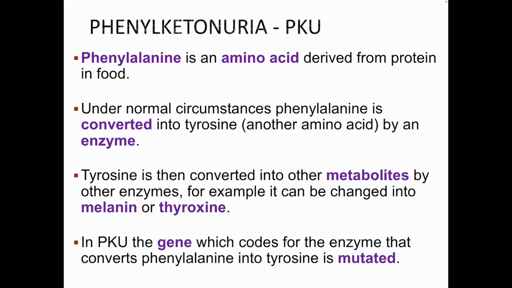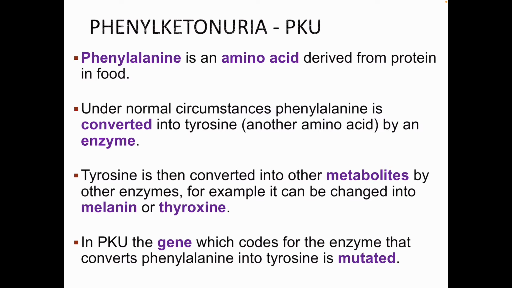Phenylalanine is an amino acid, and we get phenylalanine when we consume protein in our diet. Normally, phenylalanine is converted into tyrosine by an enzyme, and then tyrosine can be converted into other metabolites, for example, melanin or thyroxine.